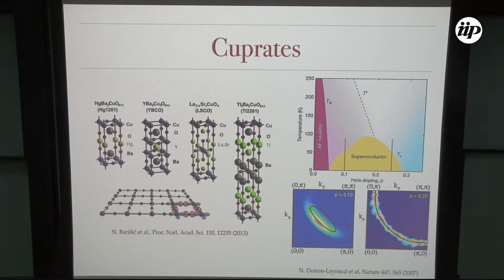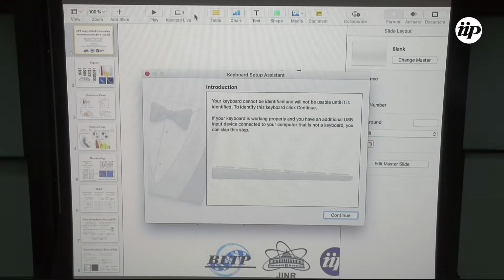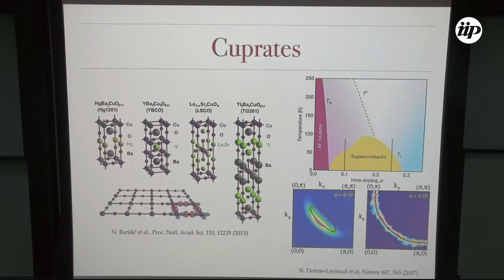So, a brief review of the cuprates. I think all of you know about it much more than I. Cuprates are a kind of metal which contains copper oxide planes, which also correspond to superconductivity.